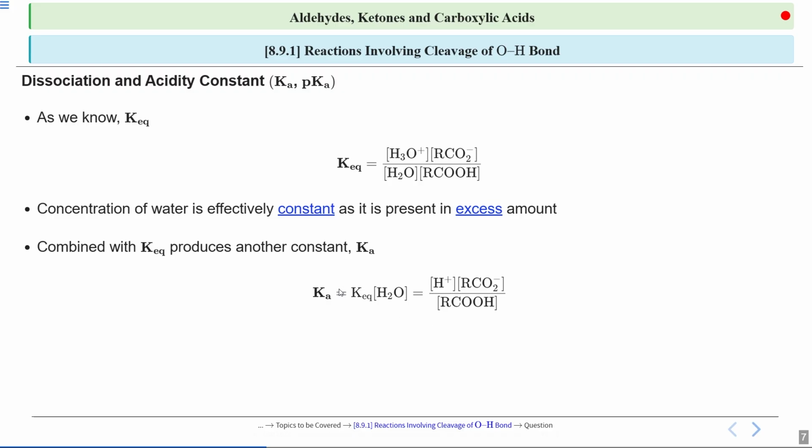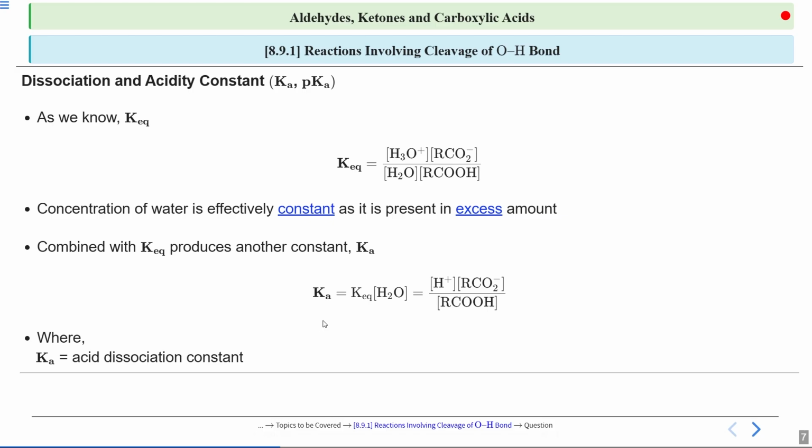So this KEQ times H2O gives another constant, Ka, which is the acid dissociation constant.